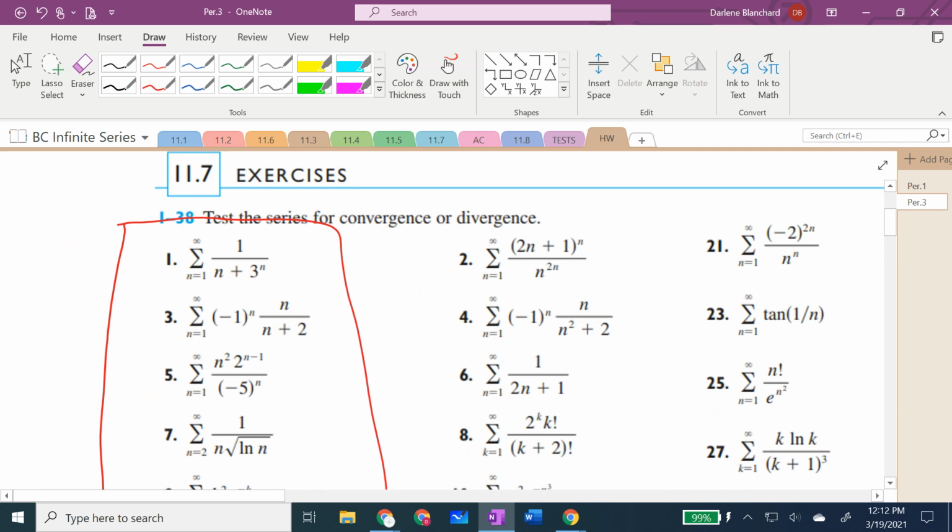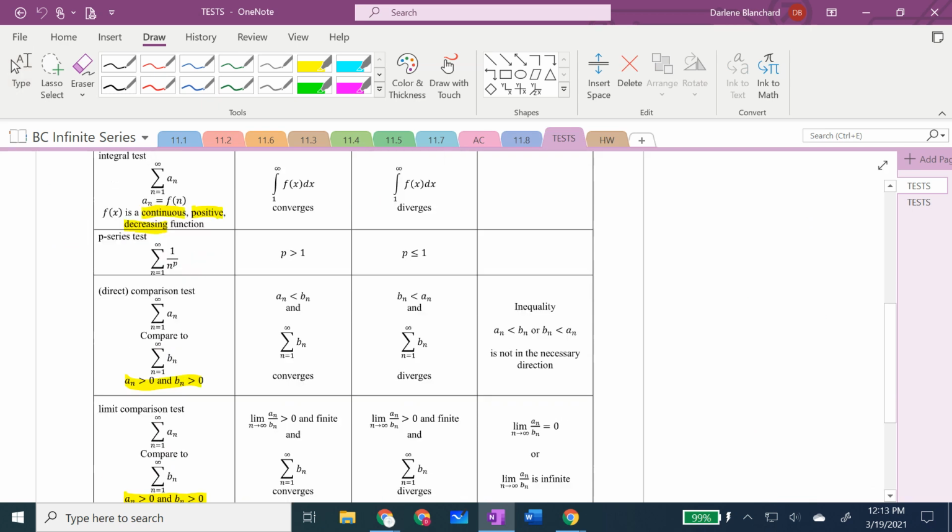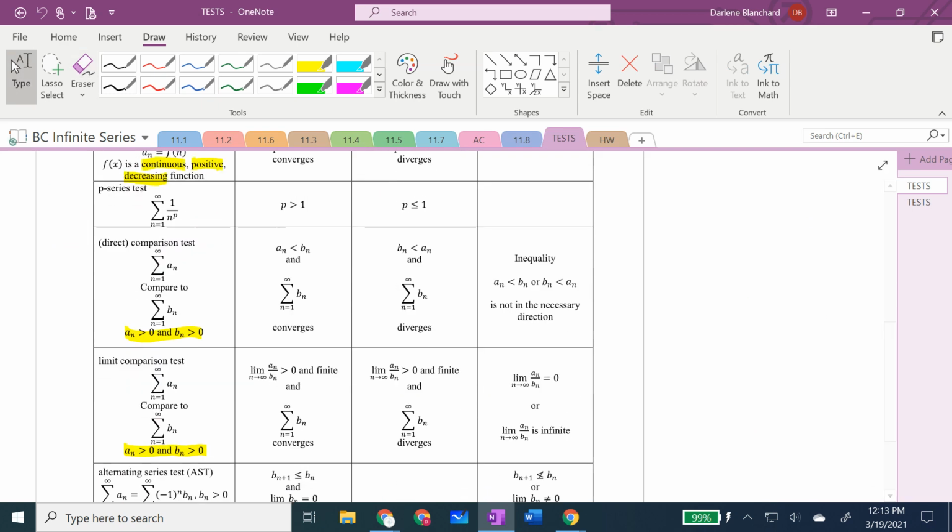I want to point out to you the tests that we have. I have these things highlighted. Period 1 had asked about some of these specifics and how many of them have these extras that you probably should say.